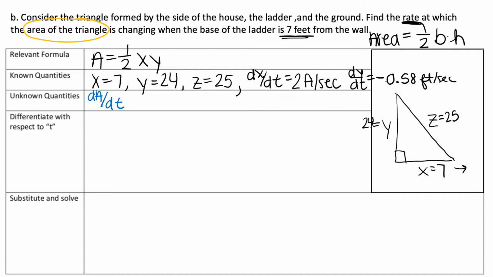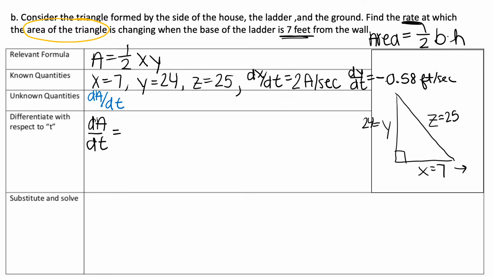The first thing we want to do here is take our area equation, take our area formula, and differentiate with respect to t. Now this is going to be a lot of fun because we actually get to use the product rule. So here, taking the derivative of A with respect to t, we get dA/dt equals, time for the product rule, we have our first as 1/2 x and our second as y.